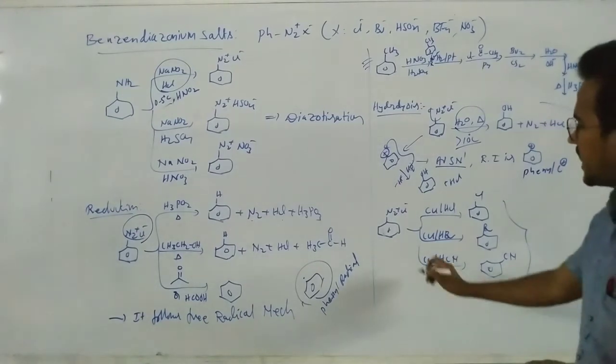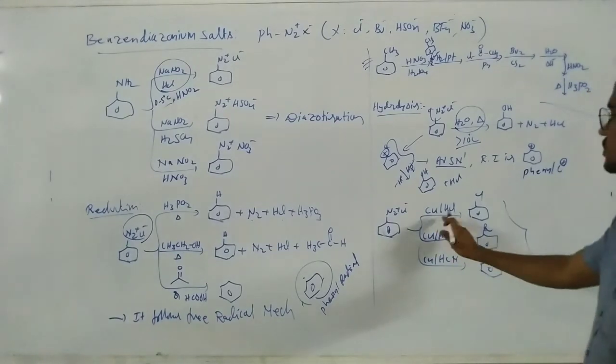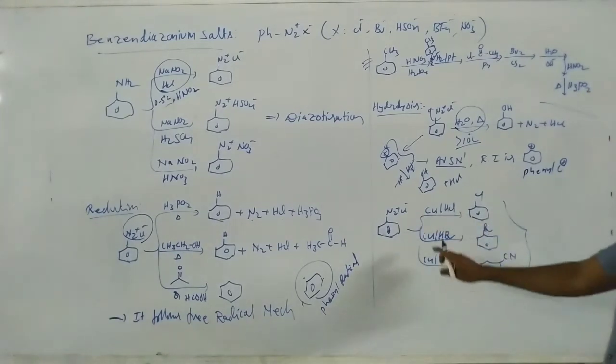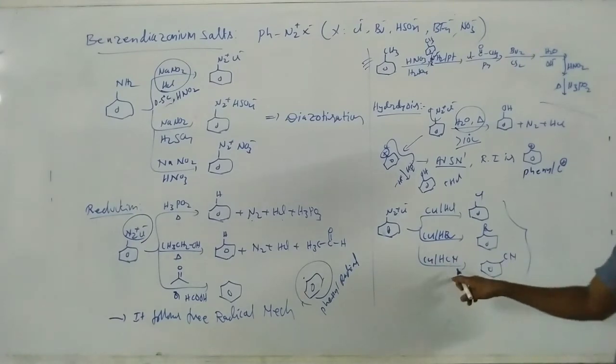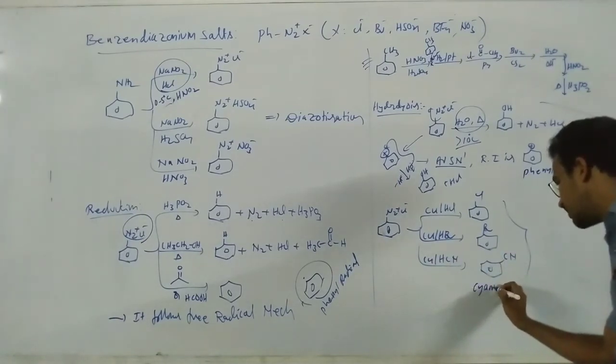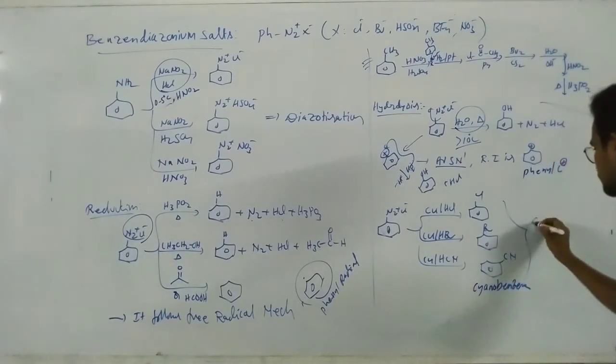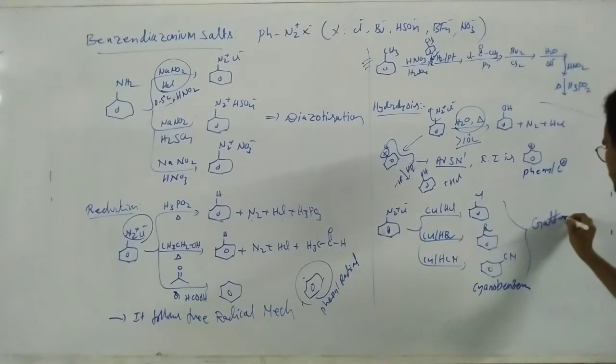Next here, this benzene diazonium chloride on treating with CuCl, chlorobenzene; CuBr, bromobenzene; CuCN, cyanobenzene. These reactions are called Sandmeyer reactions.